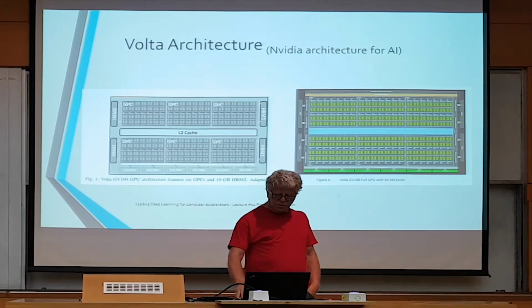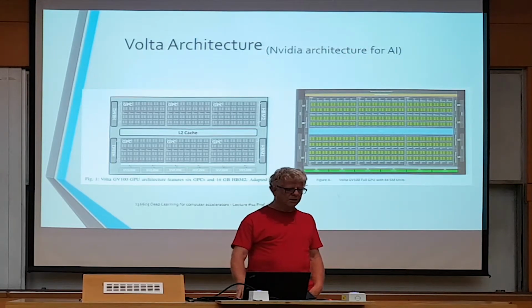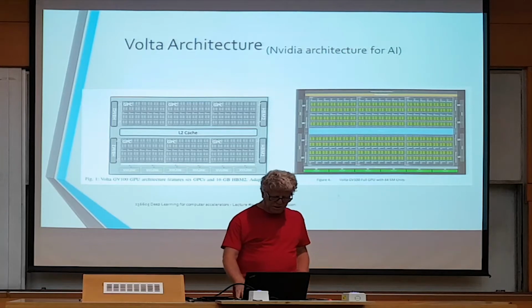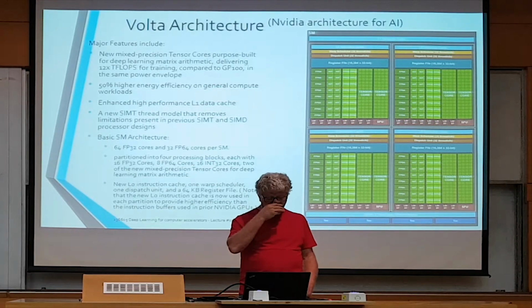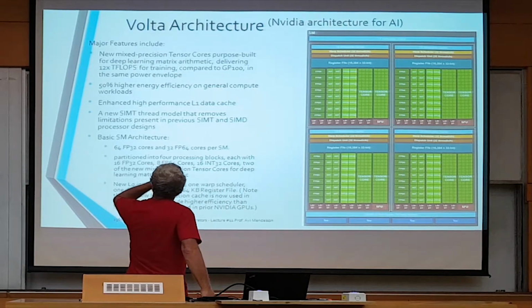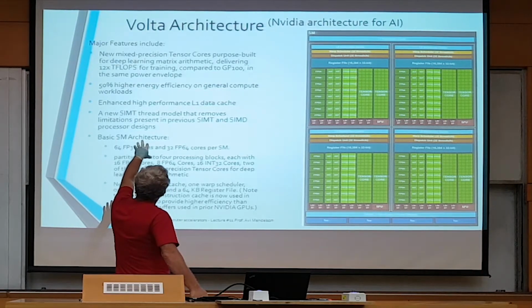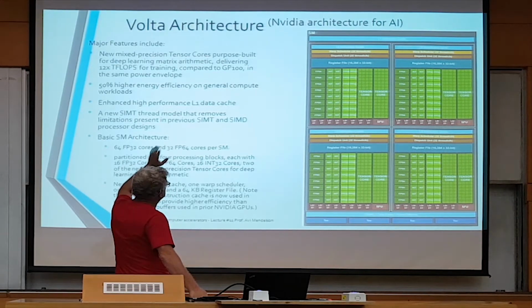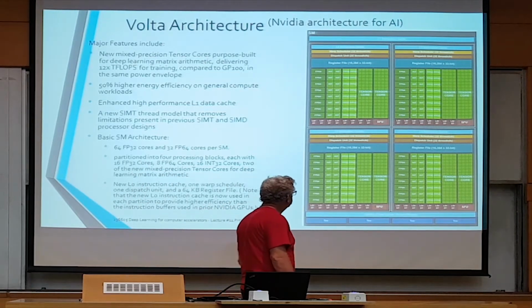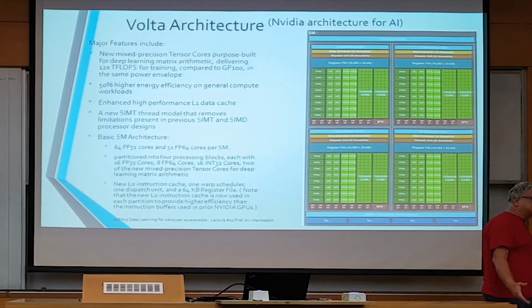Volta is a totally new architecture, and Volta is not just improving the communication. Volta also includes a few very interesting features. First of all, they have a mixed precision tensor core. They also did something very typical of Nvidia: they changed the names.